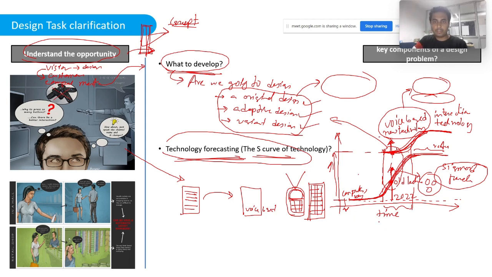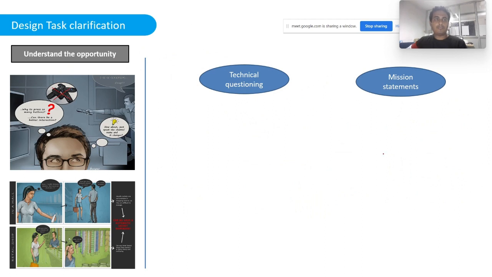Okay, good. Next is another thing: technical questioning and mission statement. Whenever we have a vision for a new product, whether we are looking for an original solution, an adaptive solution, or a variant solution, we have some set of questions.